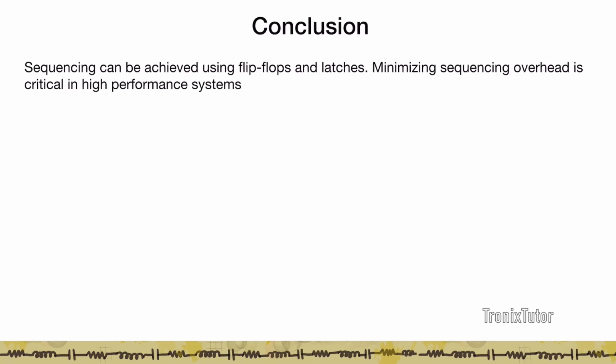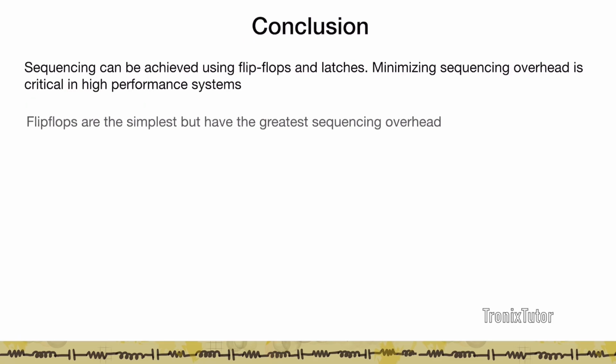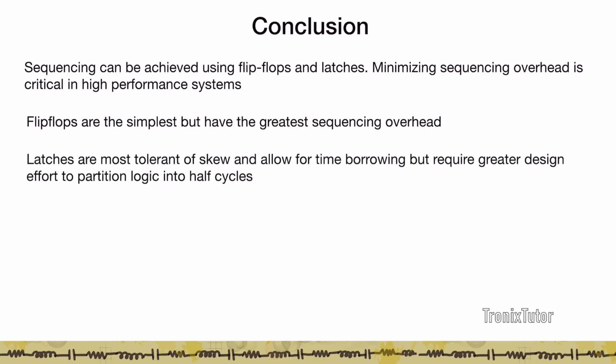So to conclude, sequencing can be achieved using flip-flops and latches. The key criterion would be to minimize the sequencing overhead, especially when we want to meet high-speed requirements. Flip-flops are the simplest to sequence but tend to have the greatest sequencing overhead.